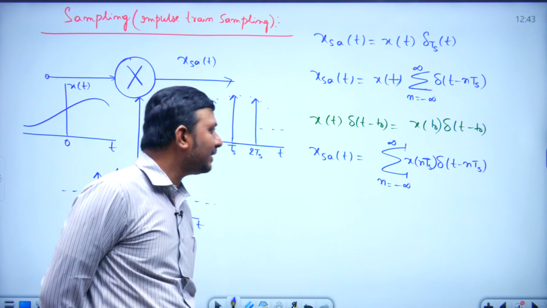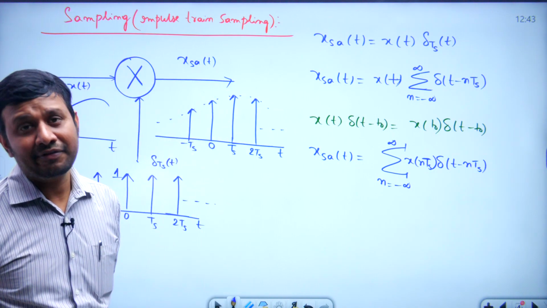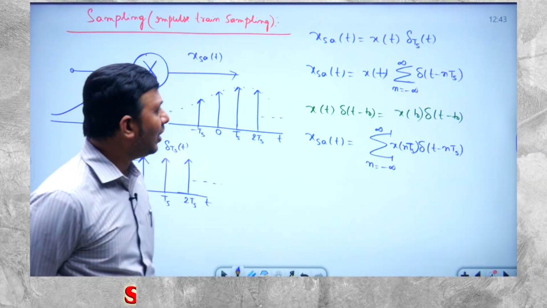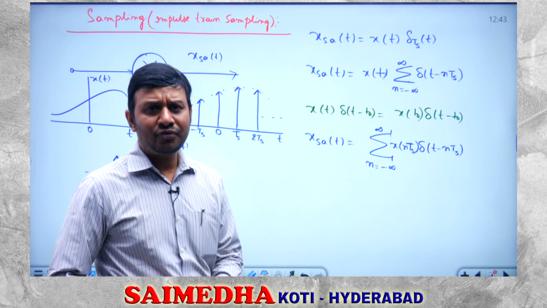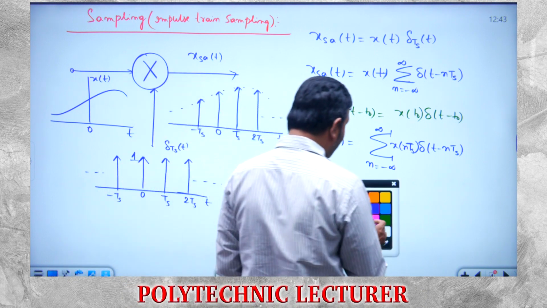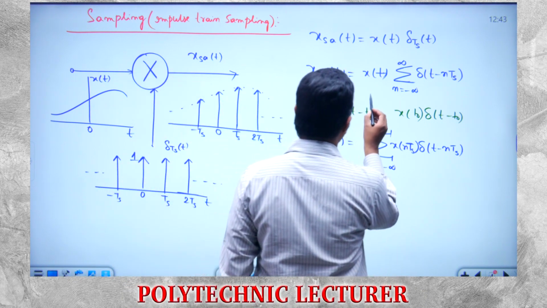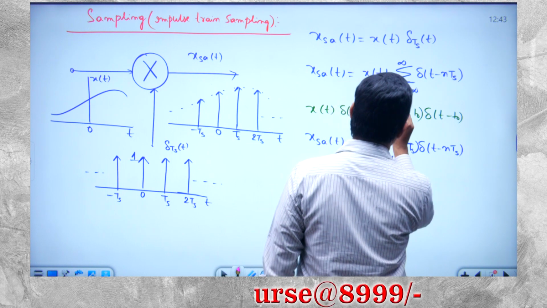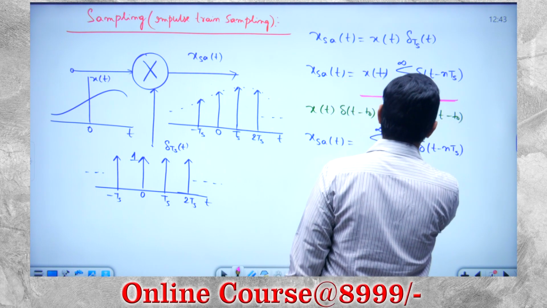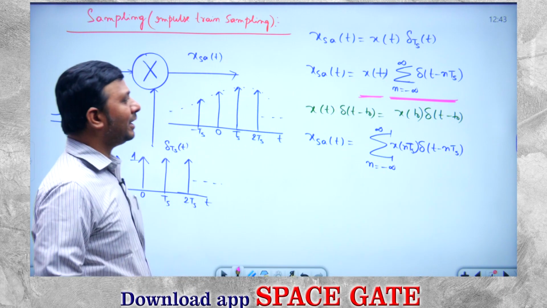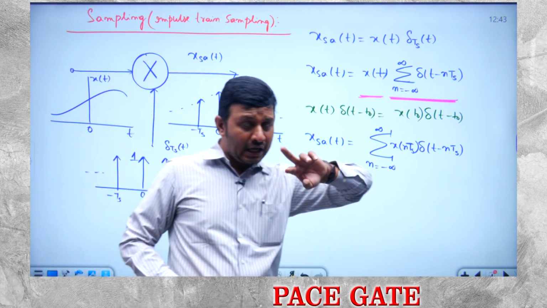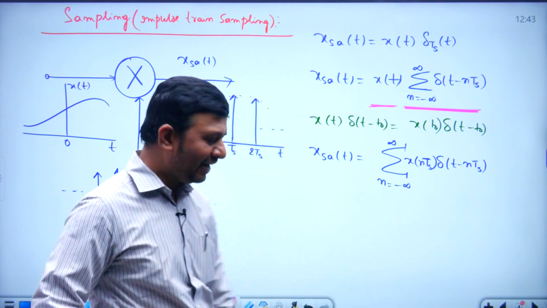Now let us observe this effect in frequency domain. So how do we convert a time domain signal to frequency domain? Apply the Fourier transform. And what property of the Fourier transform are we going to apply here? The signal x of t and the impulse train are multiplied in time domain, which means in frequency domain they are convolved.